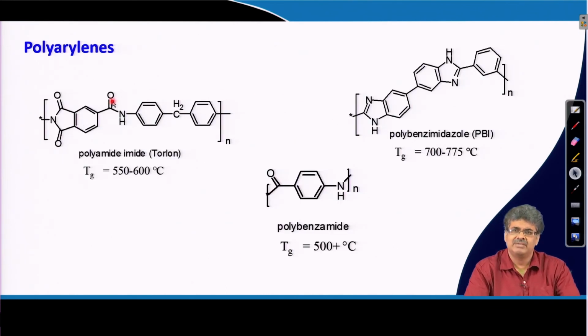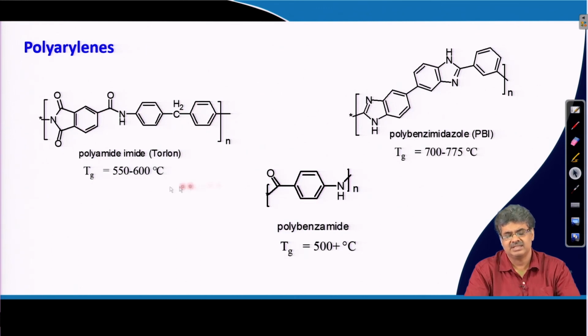Whenever there is a requirement for very heat-stable polymers, as you can see, these are amides or imides which have very aromatic groups in the backbone. In this case it has very high intermolecular forces and very high rigidity or stiffness in the backbone.